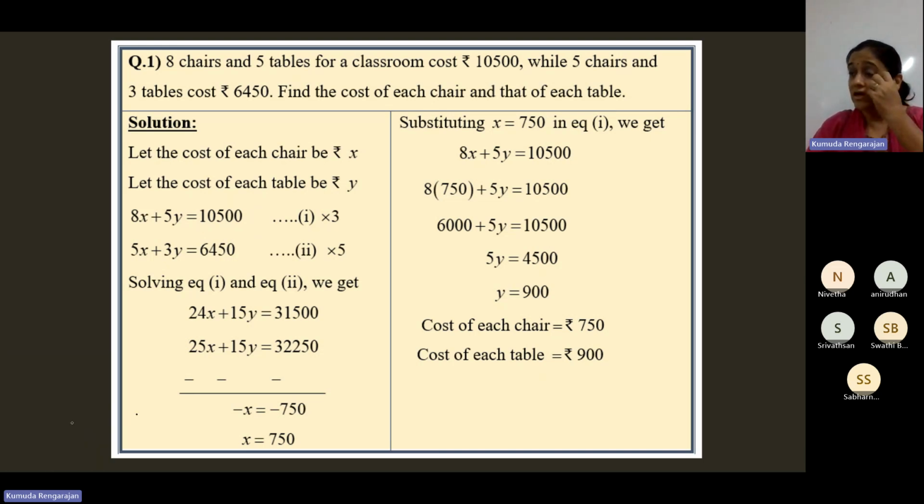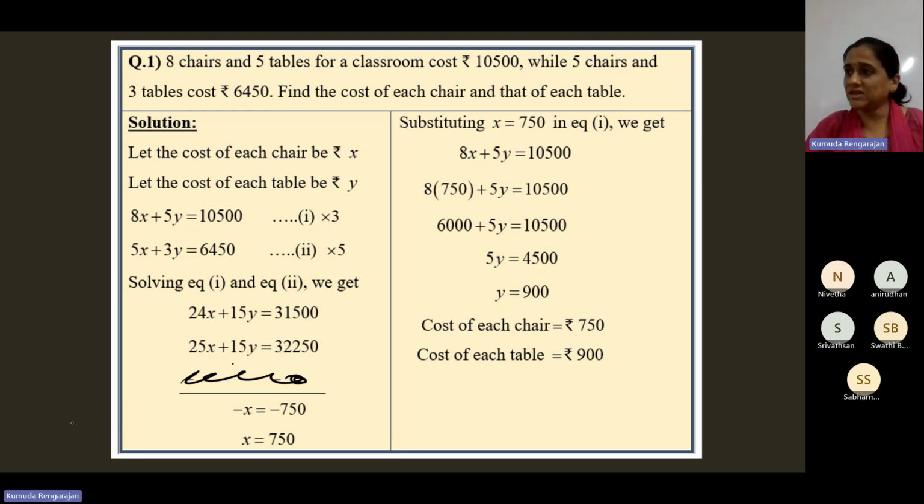Now, the next thing is, should you change the signs in the second equation or not? It depends on the situation. If you don't change the signs, what is plus 15y plus 15y? Plus 30y. You still cannot eliminate it.